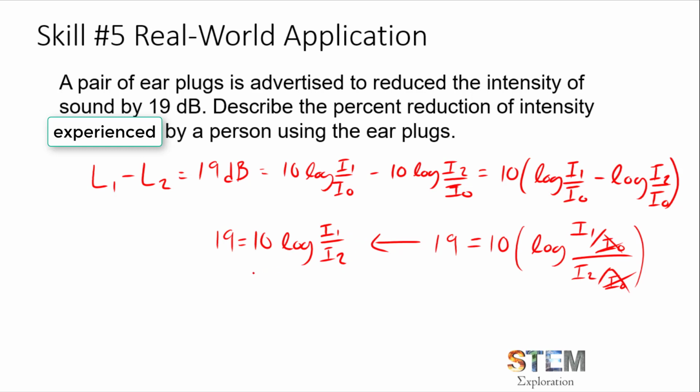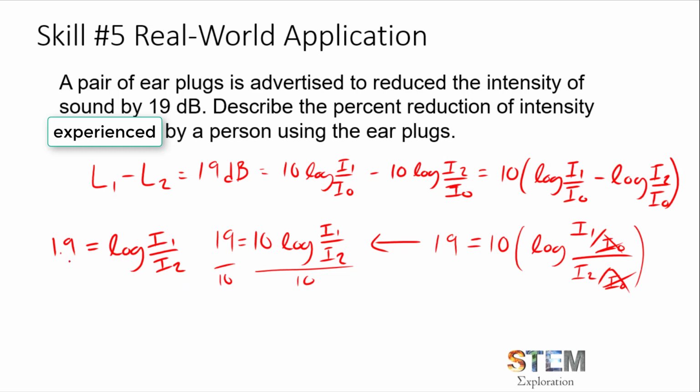And so what I'm going to do here is divide both sides by 10. And this will give me 1.9 equals log of I1 all over I2.